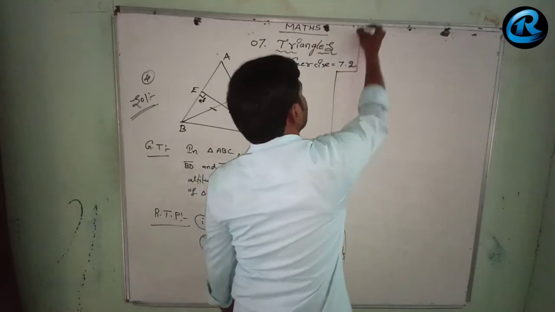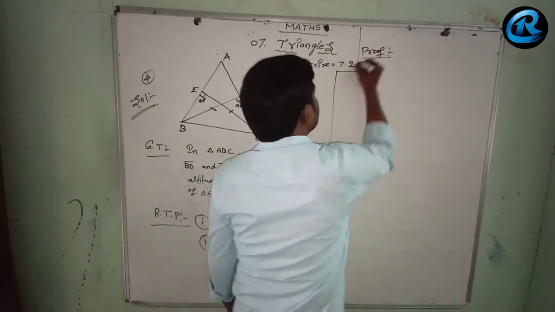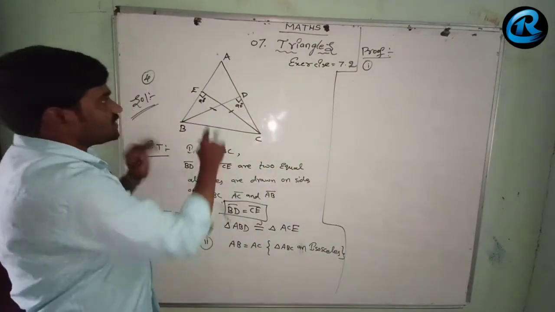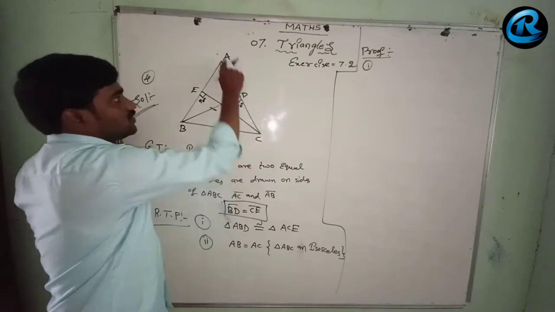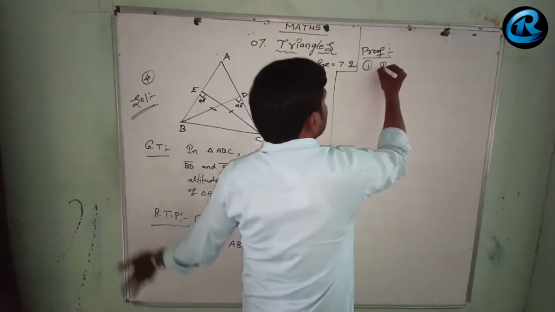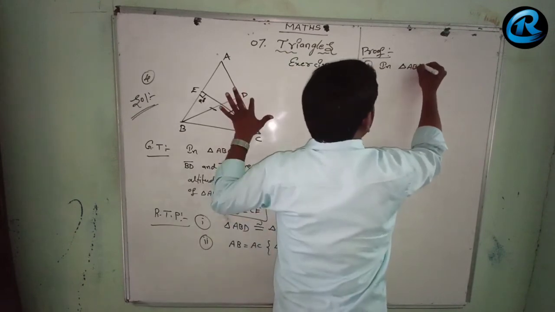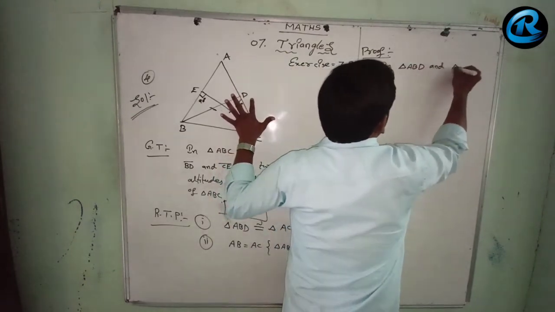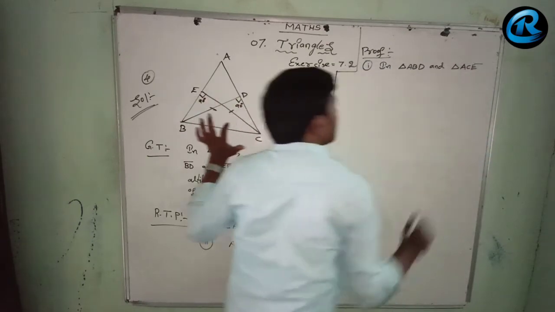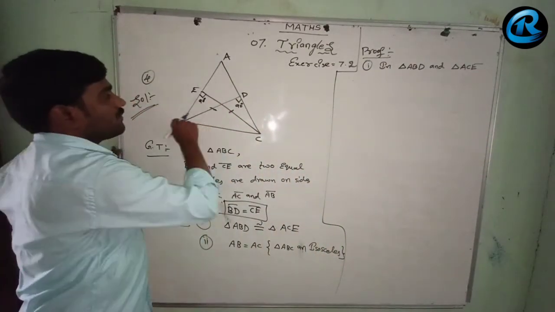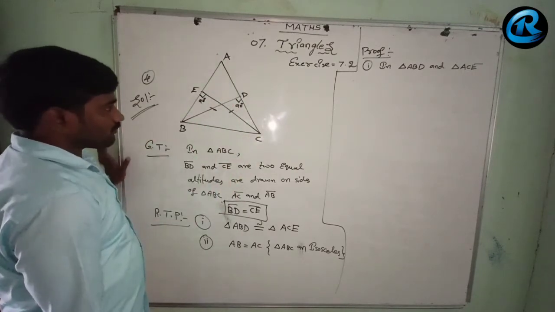We go for a proof. The first one: we have to show that triangle ABD and triangle ACE, these two triangles, are congruent. So let us take triangle ABD and triangle ACE. What do we do now?